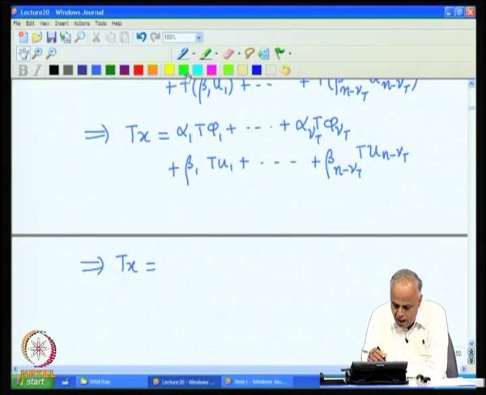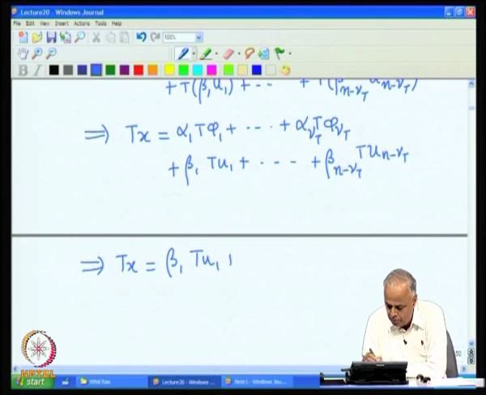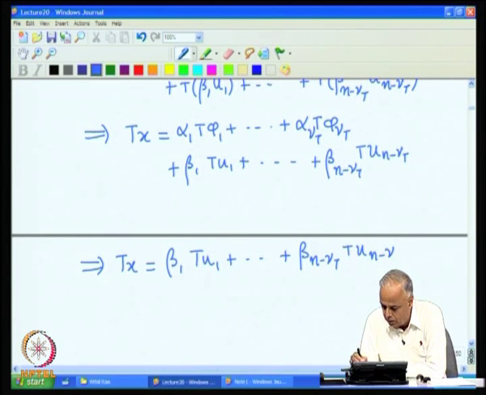So, what we have is just T of x equal to beta 1 T u 1 plus etcetera beta n minus nu(T) T u n minus nu(T).